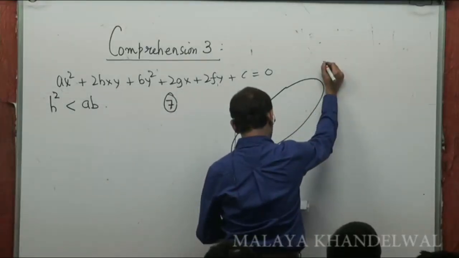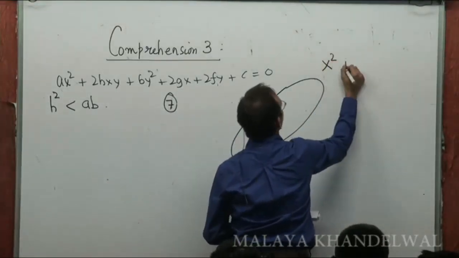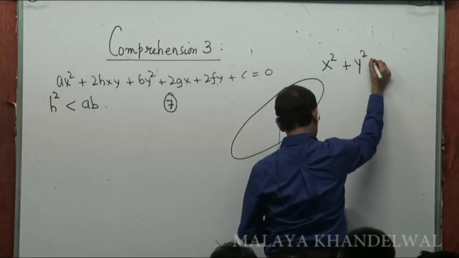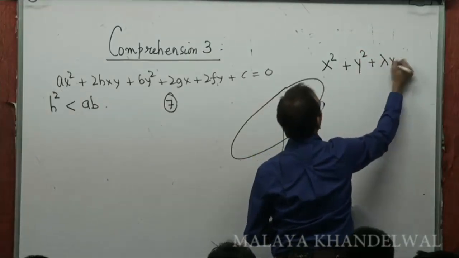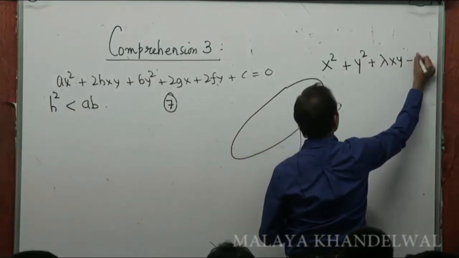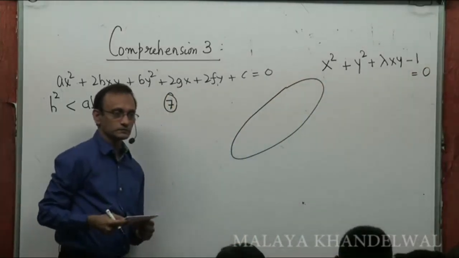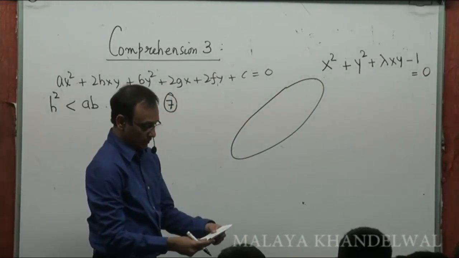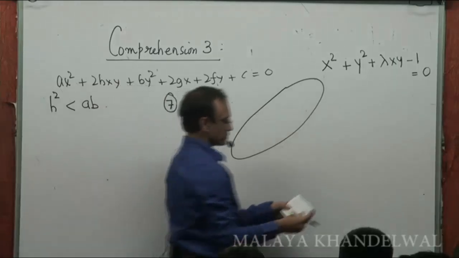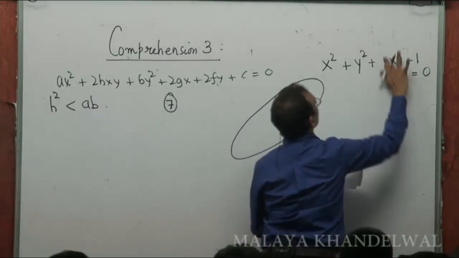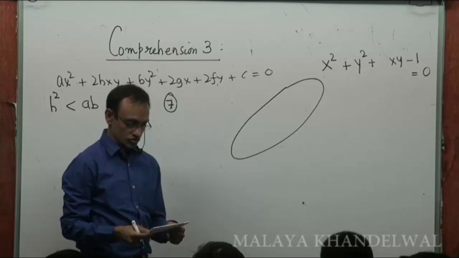Which has its equation as x square plus y squared plus lambda xy minus 1 is 0. Oh, lambda is 1, okay, x square plus y square plus xy minus 1 equal to 0.